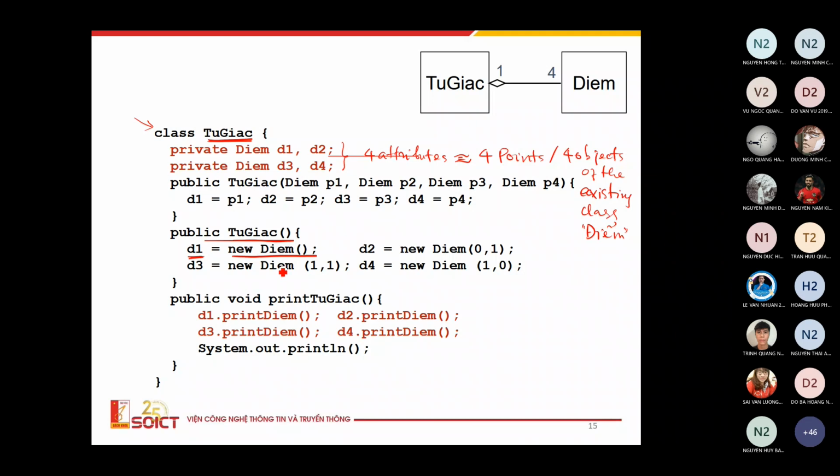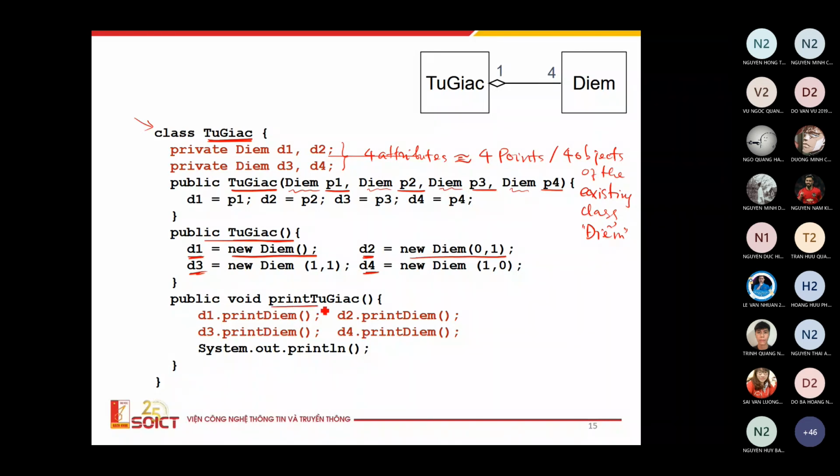For D2, you will initialize it with điểm with the coordinates 0 and 1, and the same for D3 and D4. Or you can create a new object of the rectangle with P1, P2, P3, and P4 as the input parameters, and they are all objects of the existing class.